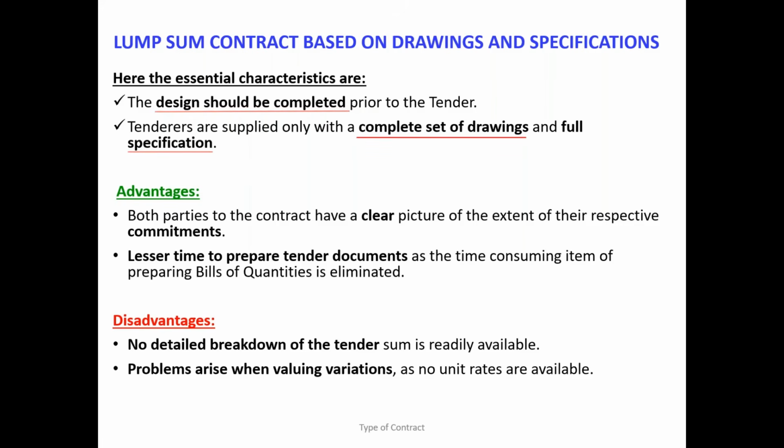So therefore, the next lump sum contract methodology was introduced. That is lump sum contract based on bill of firm quantity. Now let me ask you a question. If you have the bill of firm quantity, firm is defined, right? It is an accurate quantity, isn't it?